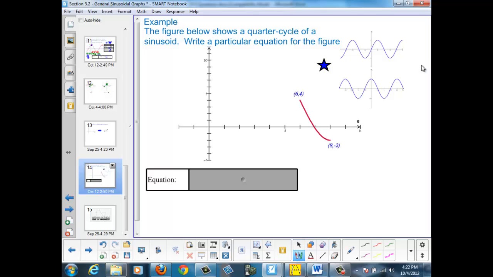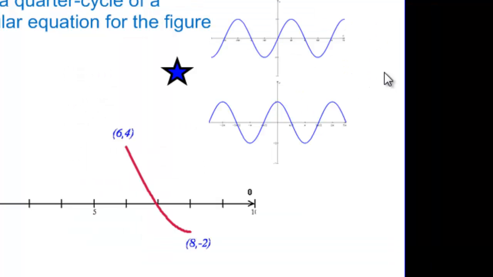Now, if I take the sine function here on top and I look at one period, which goes from here to here, I can cut that into 4 equal sections.